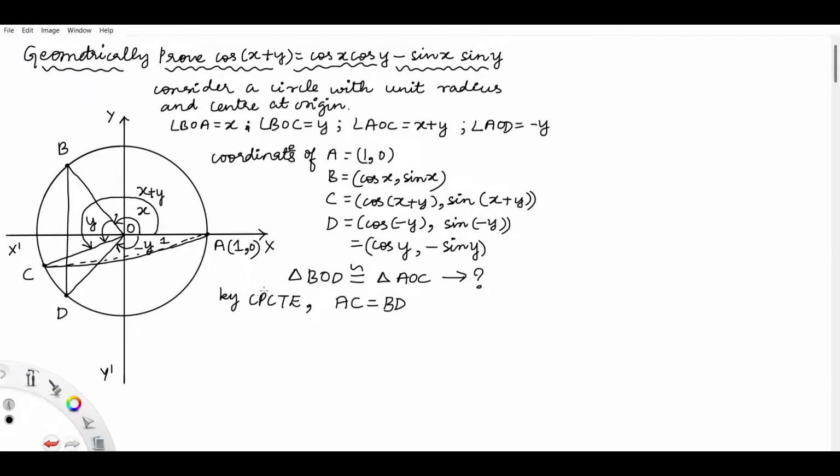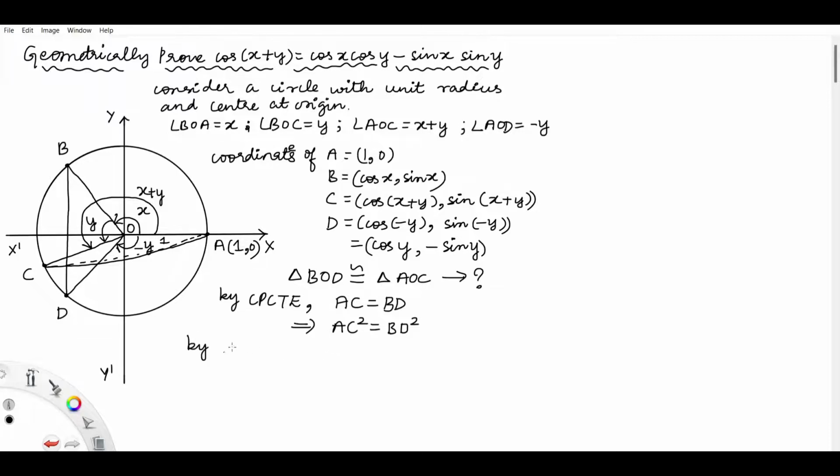What is CPCTE? Corresponding parts of congruent triangles are equal. AC and BD are the corresponding parts of these two triangles, and I can equate them. Now, if I square them, even then they are going to be equal, right? So this is the first step here.